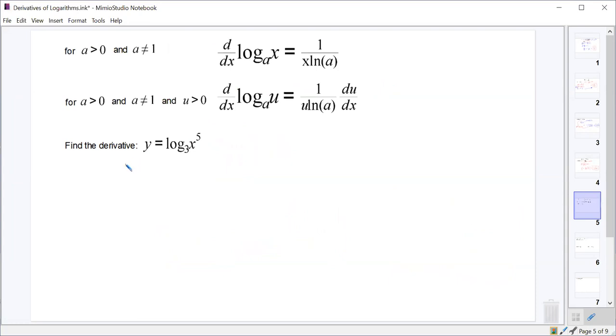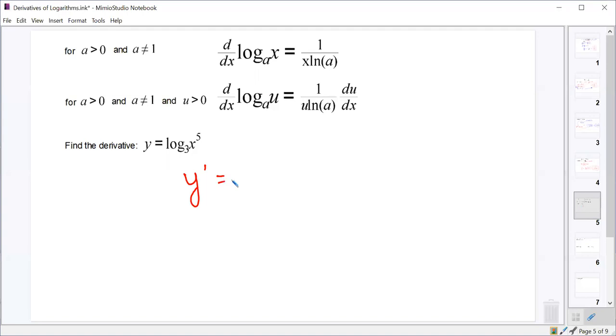So why don't you guys take a second and see if you can find the derivative of log base 3 of x to the 5th. So what do we get here?